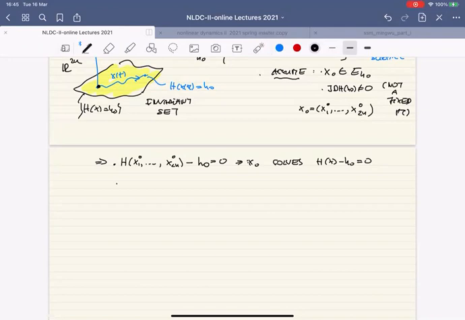The other thing I know is that x naught is not a fixed point. So this J dH is non-zero. J is skew-symmetric, but it's not non-singular. So if this is non-zero, then the only way for this to be non-zero is that what I feed into the J is non-zero.